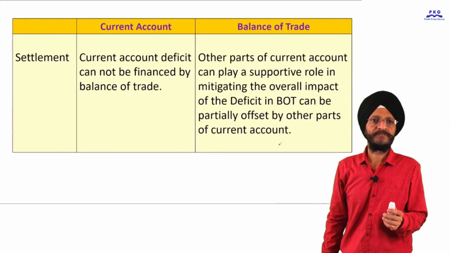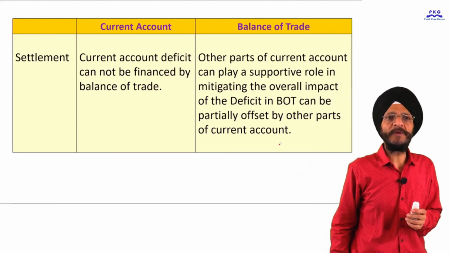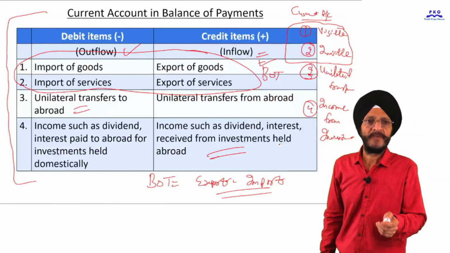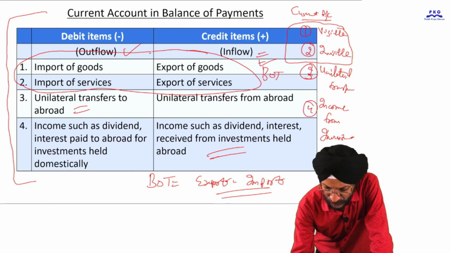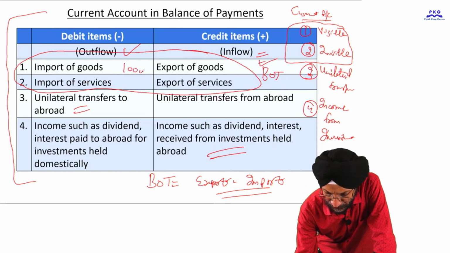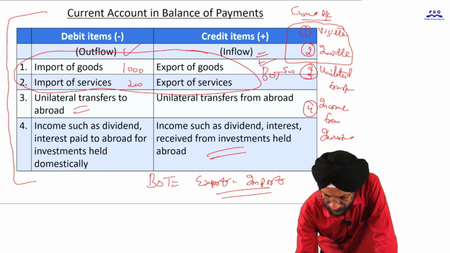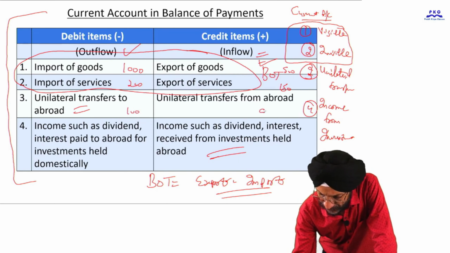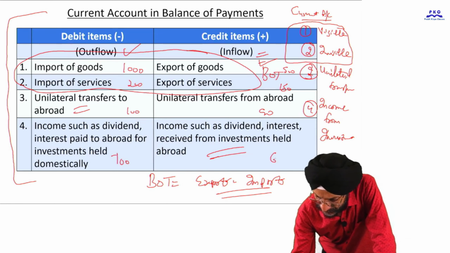Now settlement. Current account deficit cannot be financed by balance of trade. What does it mean? When we record all these transactions, suppose it is 1000, it is 500, it is 200, it is 150, it is 100, it is 90, it is say 700, it is say 600.